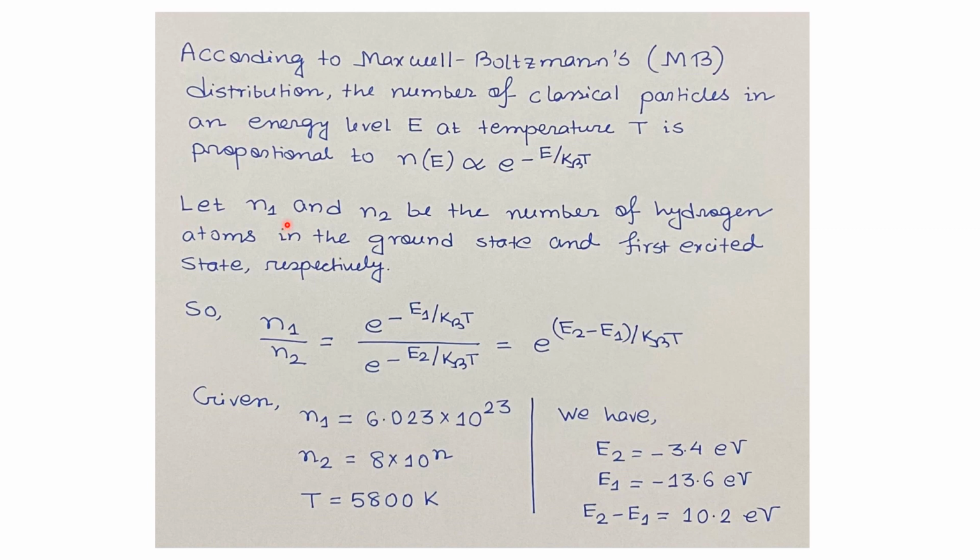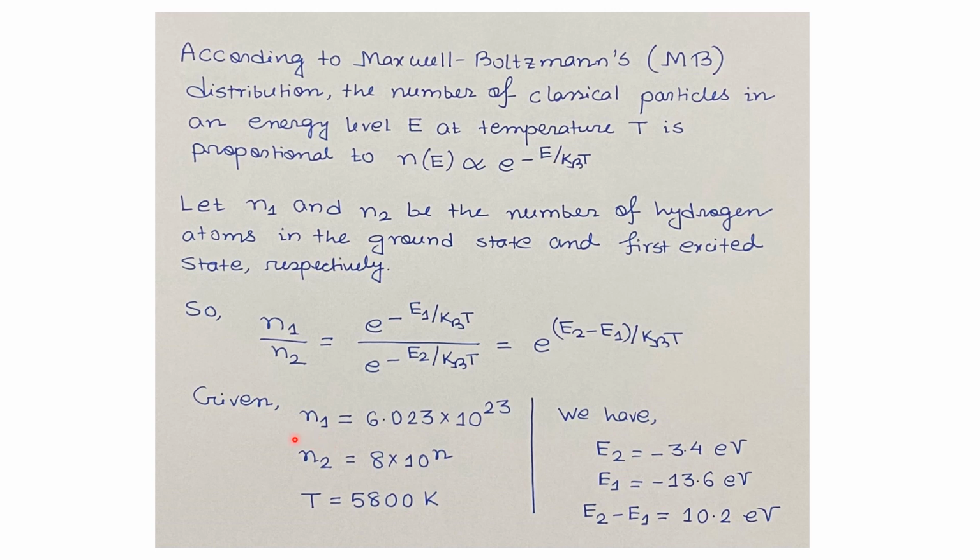Let N1 and N2 be the number of hydrogen atoms in the ground state and the first excited state respectively. So N1 divided by N2 will give e to the power minus E1 divided by kBT whole divided by e to the power minus E2 divided by kBT. So this will give e to the power E2 minus E1 divided by kBT.